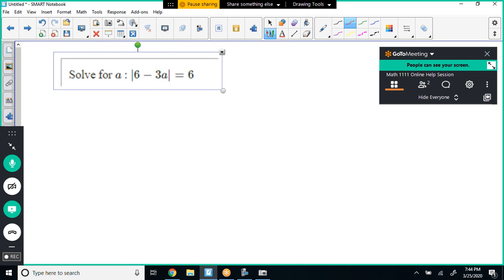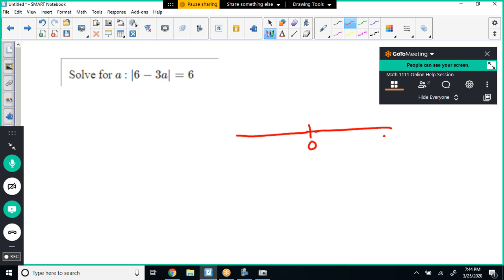Now, the absolute value is defined as the distance from a number back to zero. Now, distance can never be negative. So, like if I said, here's 0, here's 5, here's -5.